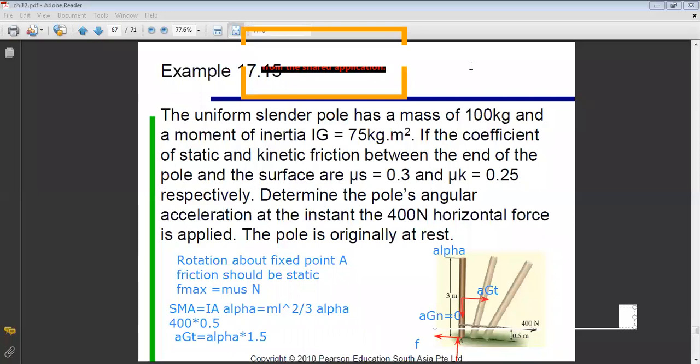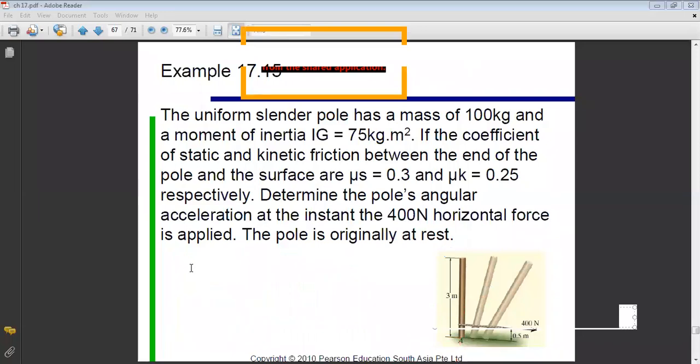To find N and F, what should I do? Sum of N and sum of T. So I will put again my forces. I have the weight downward, I have N at A upward, and I have the 400 Newton force and the friction force. Now I can write that sum of T equals m AG tangential.